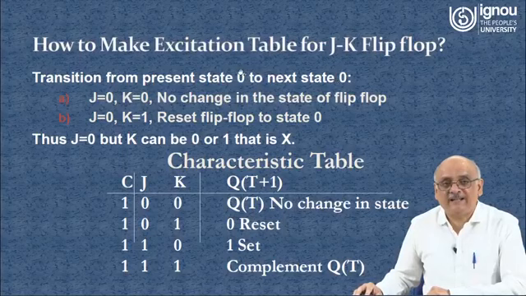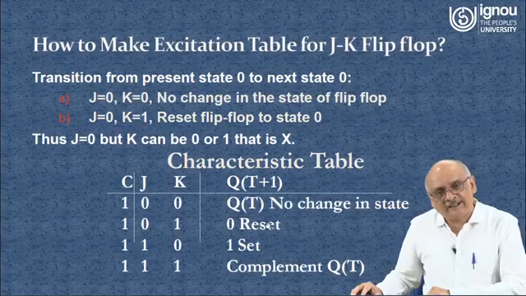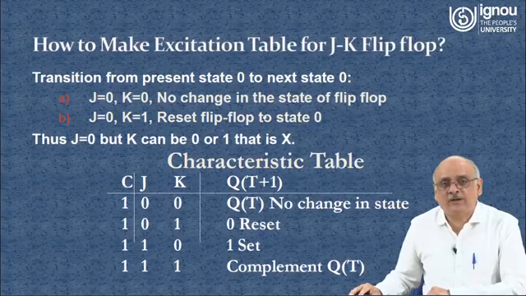So the initial state is 0. We use J equals 0, K equals 0, no change, we get 0. But if the initial state is 0 and we apply J equals 0, K equals 1, the flip-flop is reset to 0. So the next state is also 0. In both cases, from 0 to 0, both the inputs are applicable.